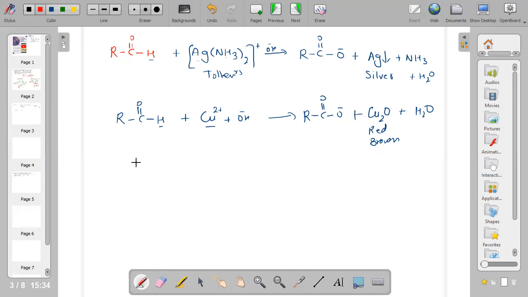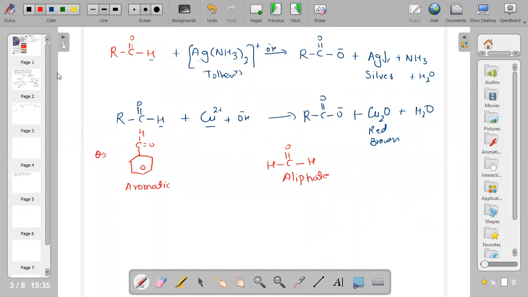Now a question comes directly. How can you distinguish between benzaldehyde, C6H5CHO, and formaldehyde, HCHO? Benzaldehyde is aromatic and formaldehyde is aliphatic.